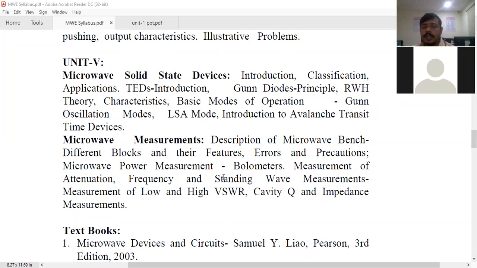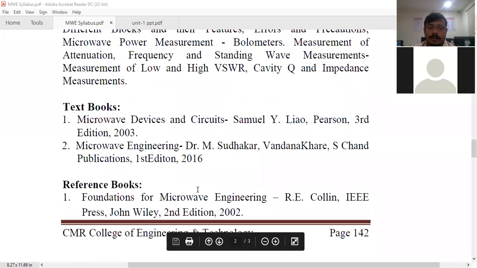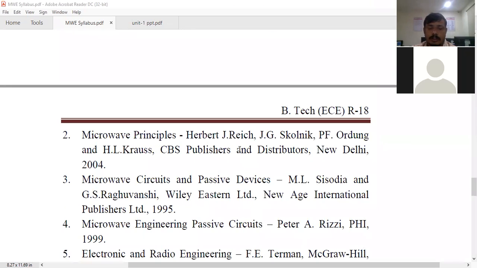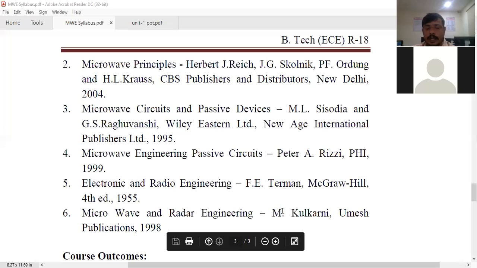So what are we going to study in our microwave engineering? Here you have two books you can take. This is Liao, Microwave Devices and Circuits, and another book is Kulkarni, Microwave and Radar Engineering.